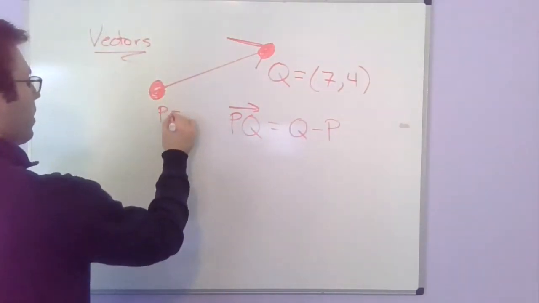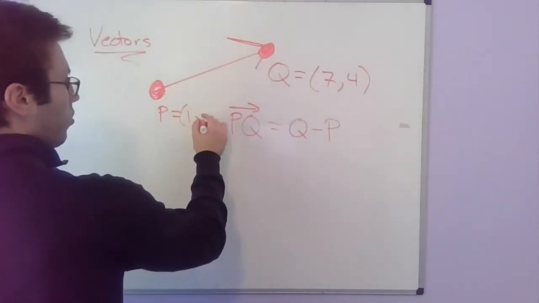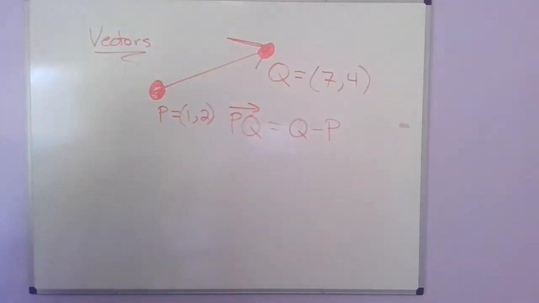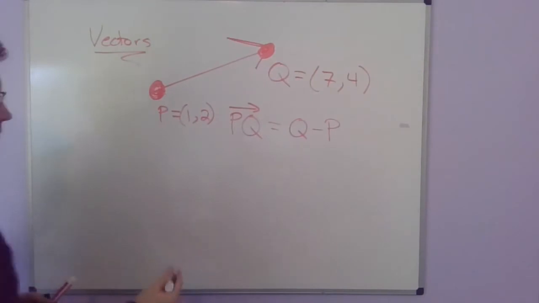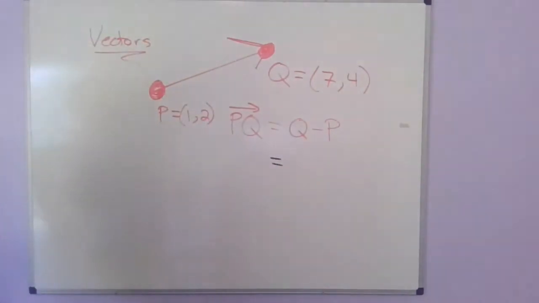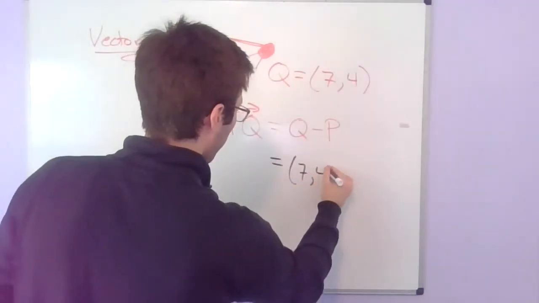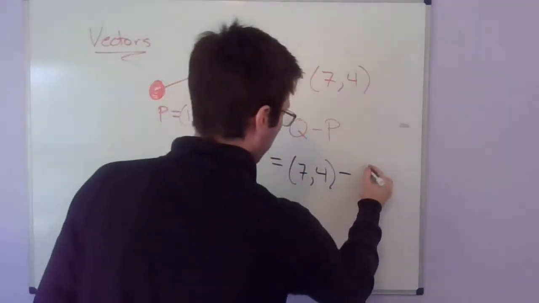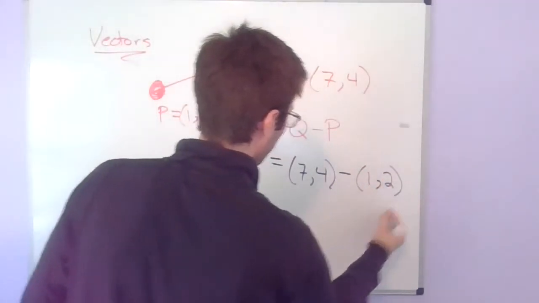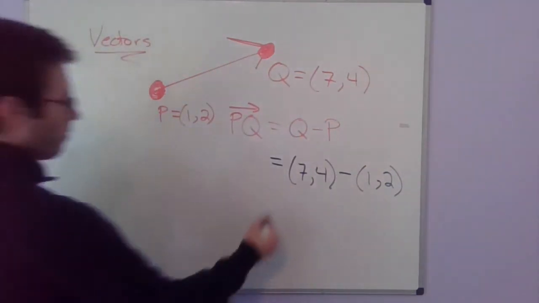And let's say the point P was, all right, let's make it (1, 2). What this means is the vector from P to Q is Q minus P. So it would be equal to, so Q is (7, 4), so I'm going to write (7, 4) minus P, which is (1, 2). So I'm going to write minus (1, 2). Make sure you have those. Very important.